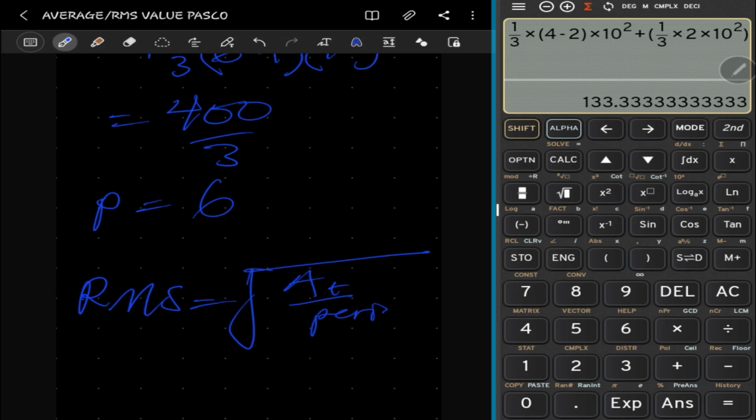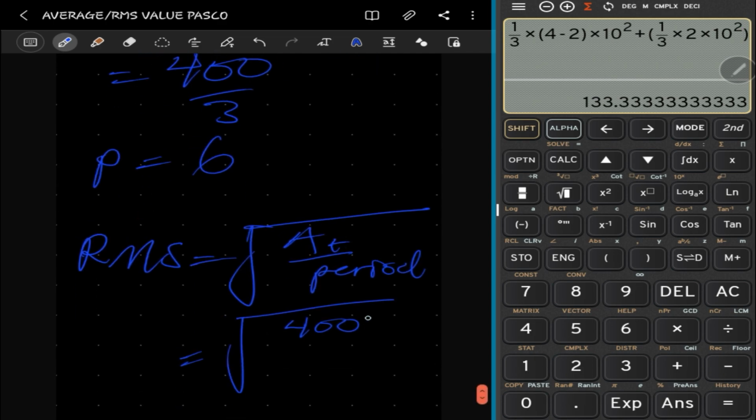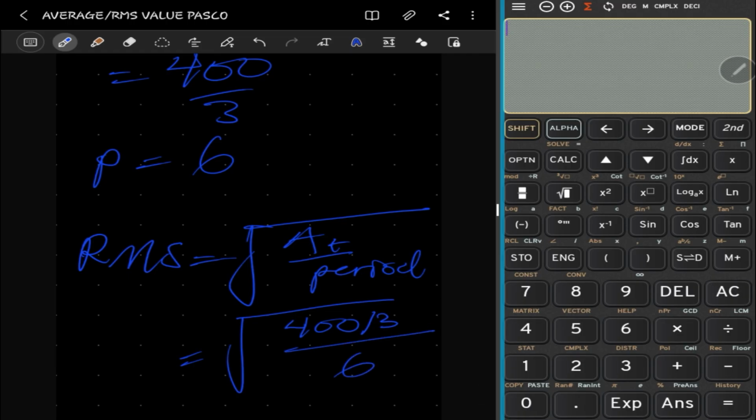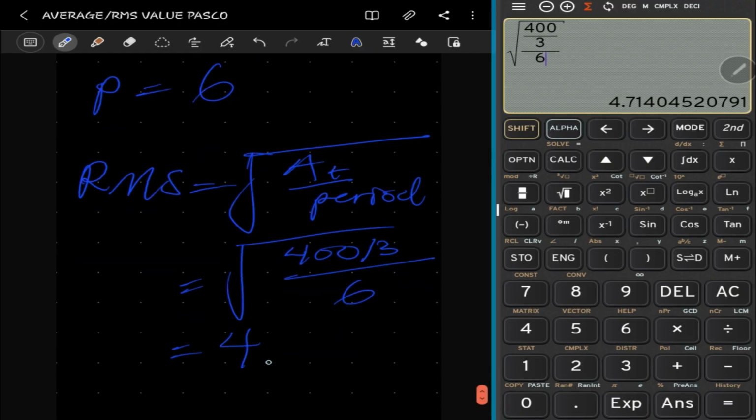We have the square root of 400 on 3, over 6. So that gives us 4.71 volts.